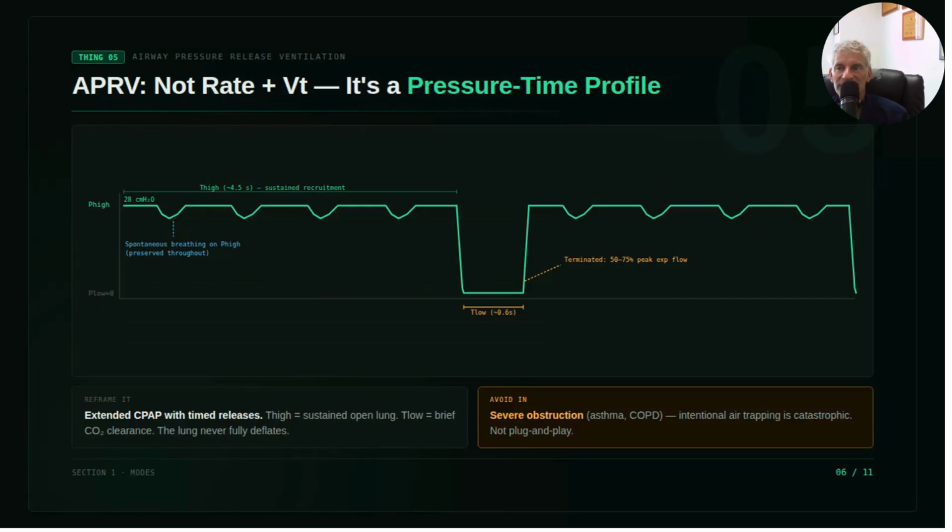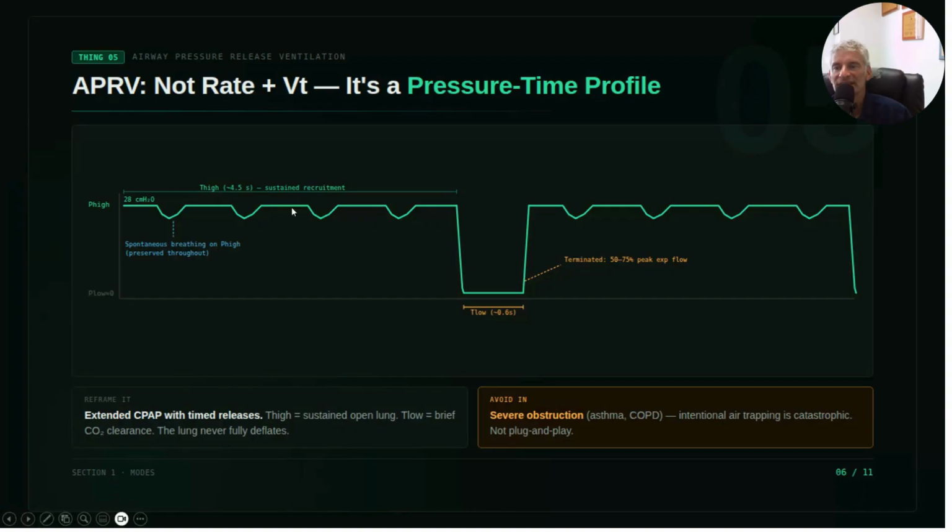Okay, so that's PRVC. APRV is not a rate and tidal volume, it's a pressure time profile. So you set a P high and a P low and a time high and a time low. What that does is, you could think of yourself riding on a boat and opening up your mouth as you're riding a boat really fast, and the air is coming in, and then all of a sudden you stop the boat.